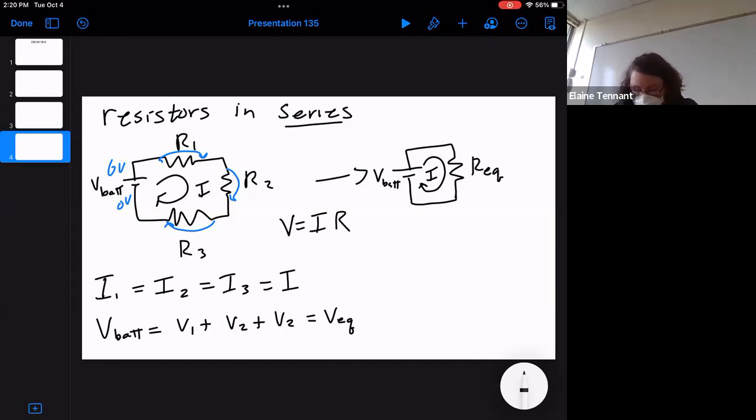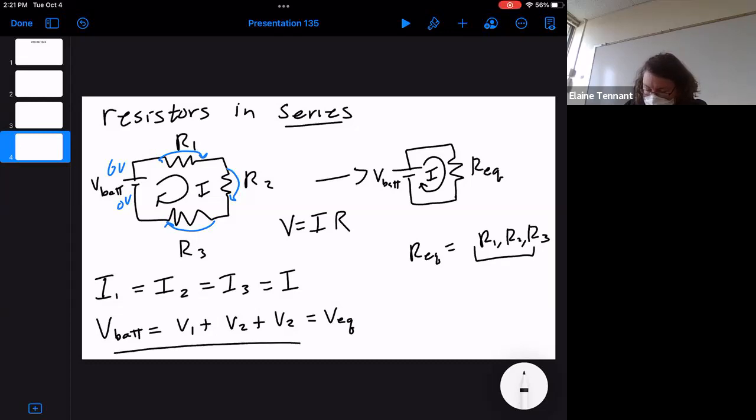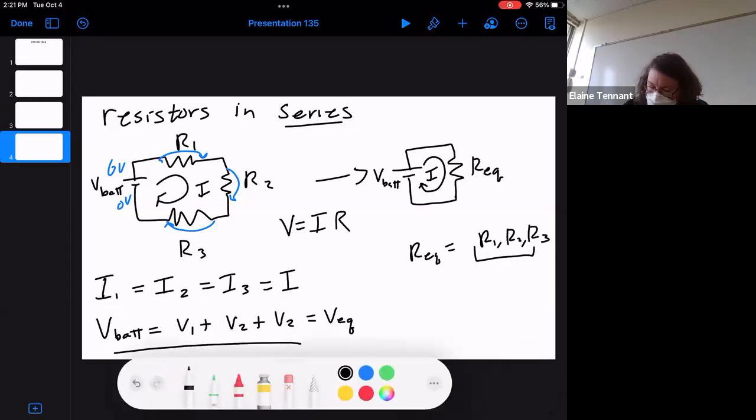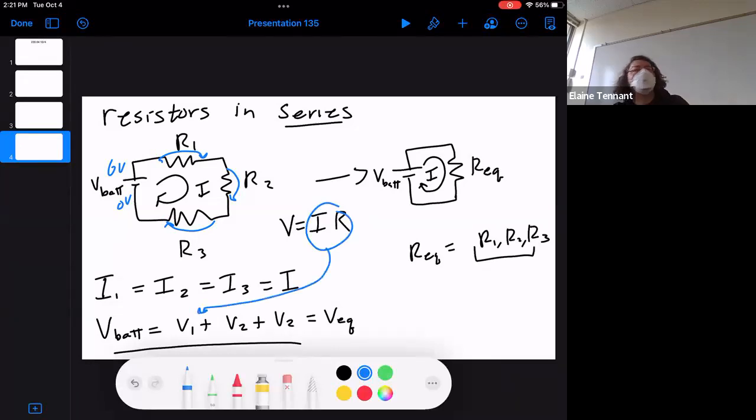Okay. Almost there then. So if what I'm looking for is R equivalent equals some combination of R1, R2, and R3, I have this equation here. And so I'll just take each of these and say V1 equals I1 times R1 and V2 equals I2 times R2.